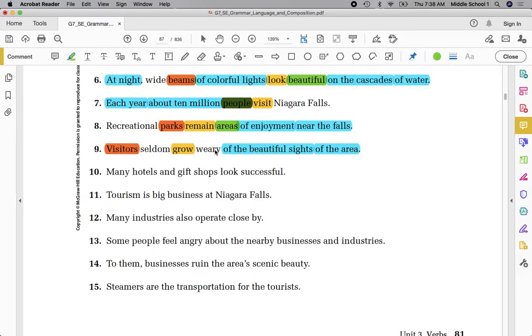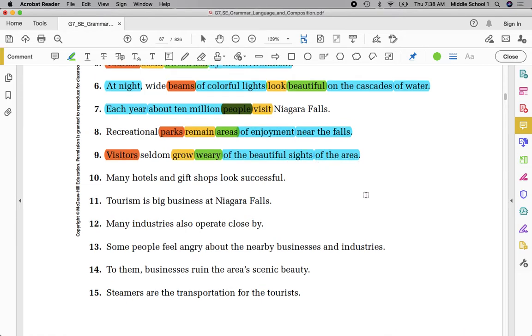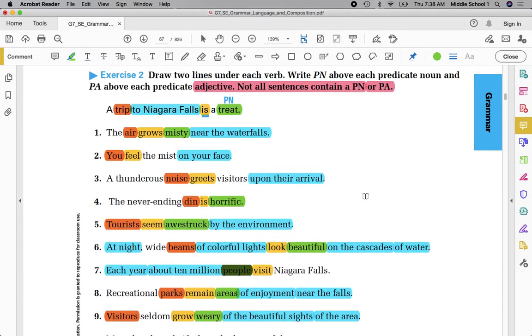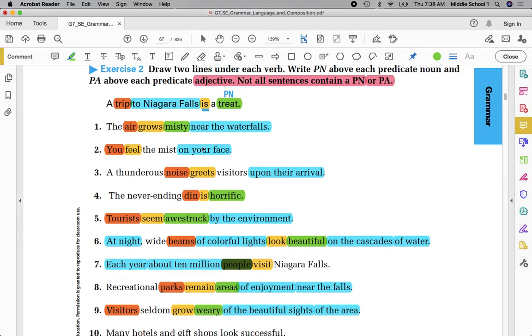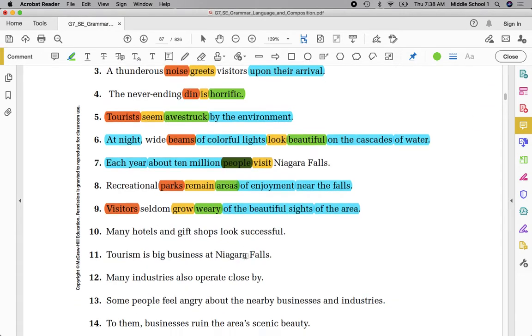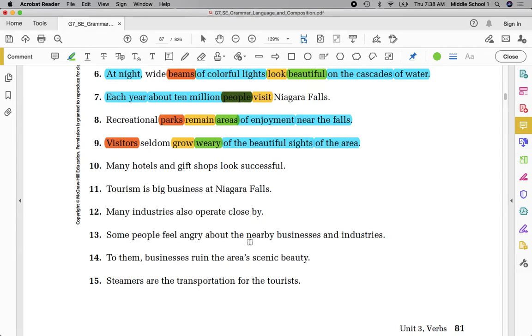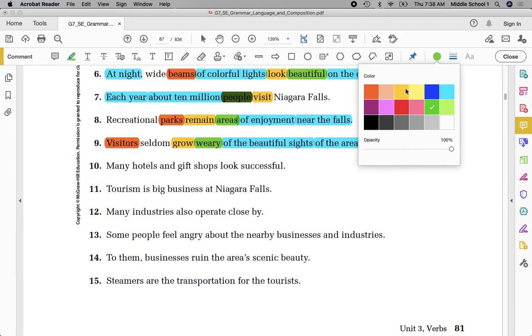Grow what? Weary. Visitors are weary. Subject, linking verb, predicate adjective. Half of the sentence is prepositional phrases. Again, if I'm looking at the sentences that I've completed so far, I notice all of these shaded phrases that really make my job a bit simpler. Okay, I think you're getting the idea here. Let's continue.